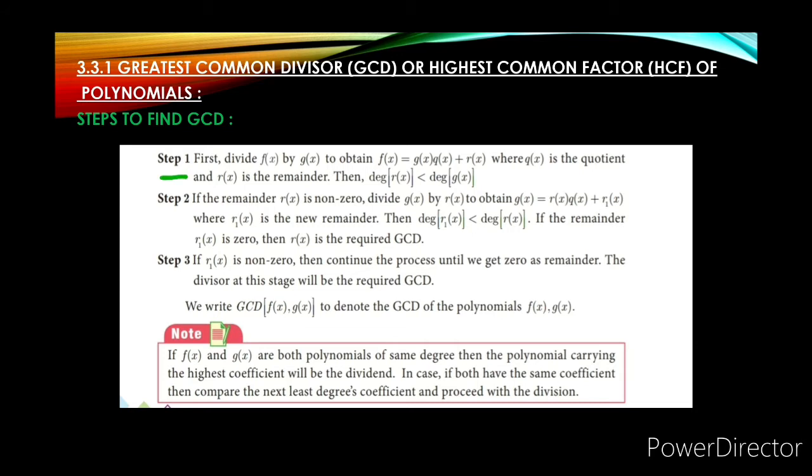Step 1. First, divide f of x by g of x to obtain f of x is equal to g of x into q of x plus r of x, where q of x is the quotient and r of x is the remainder. Then degree of r of x is less than degree of g of x.